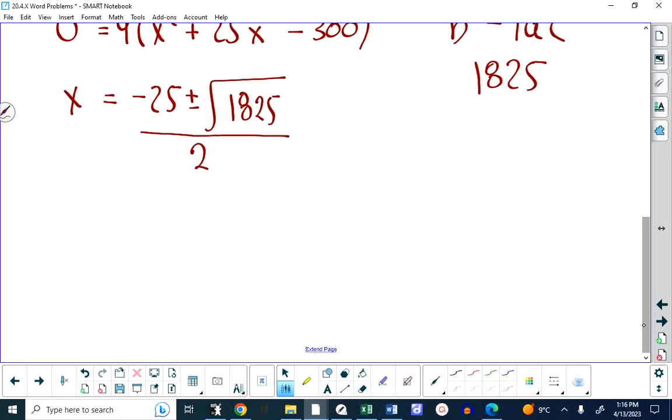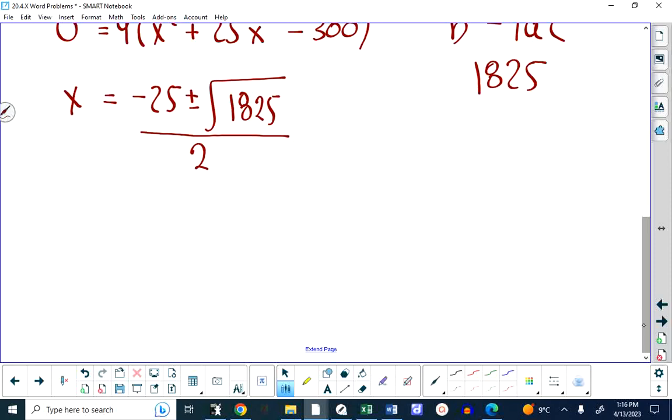In a word problem like this, ultimately, I want to see your work algebraically, but your final answer is going to be a decimal. If you are the manager or the owner of the concrete company, and the person phones up and says to you, we want a border of width negative 25 plus root 1825 over 2, you might just hang up the phone, right?